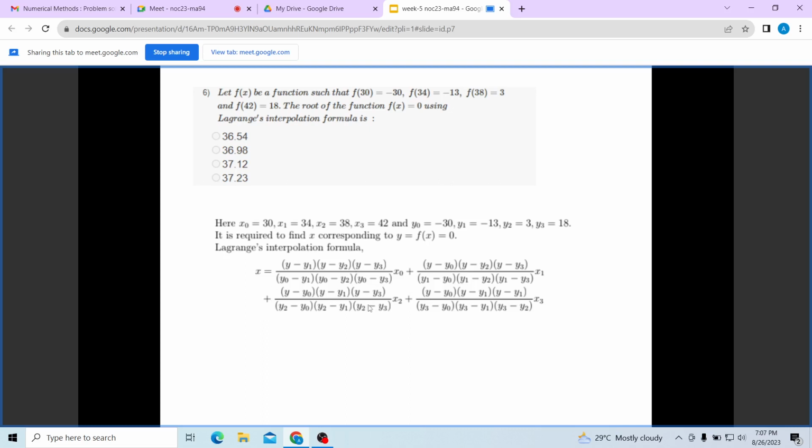After substituting, we will get x equals 37.23, that is option D. I hope all of you got it. So let's move to the next question.